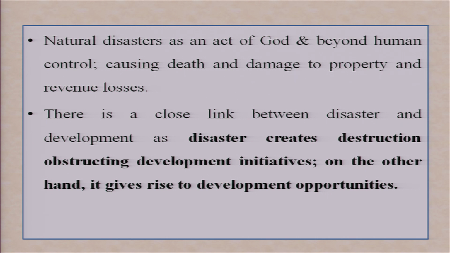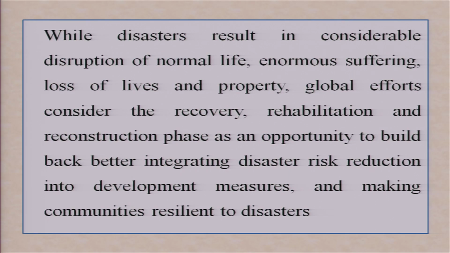Based on that development activity, the vulnerability to disaster has been reduced a lot. So when you are constructing a house or developing infrastructure, you must keep in mind that proper planning must be incorporated in the construction activity. Then only will that development reduce the impact of disaster.